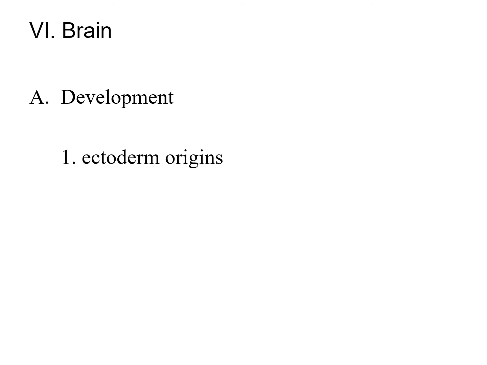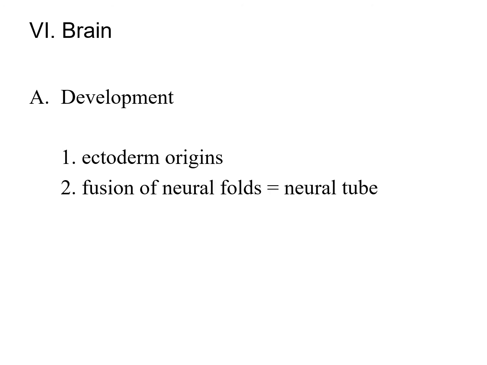First of all, the brain and the spinal cord both have ectoderm origins. So recall there are three primary germ layers in the embryo: ectoderm, endoderm, mesoderm, and brain comes from ectoderm. Very early in development, on the dorsal side of the embryo, two long folds of cells form.